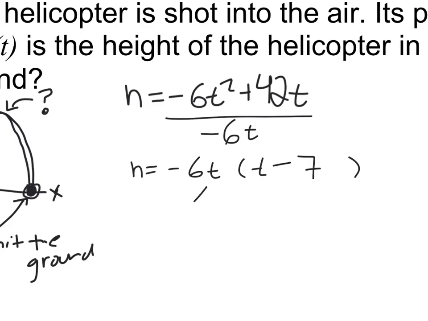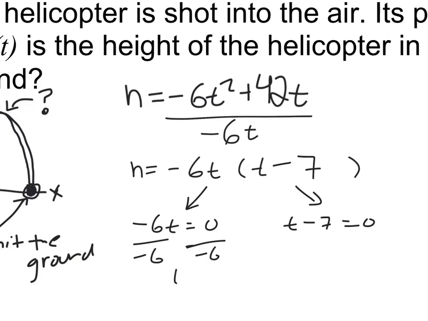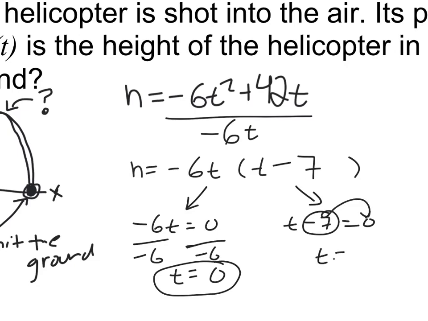So now we'll separate, set them equal to 0, and we'll solve for the time of when the helicopter hit the ground. So 0 divided by negative 6 is 0. Negative 7, move that over. We're at positive 7.